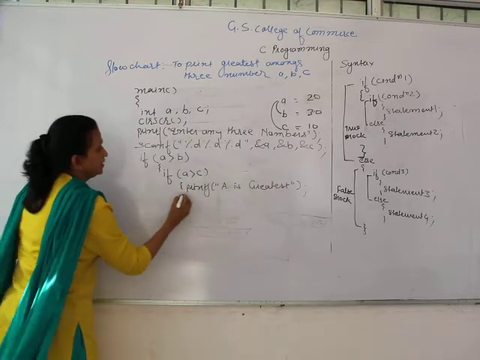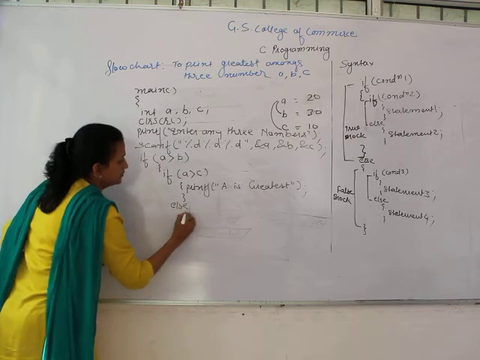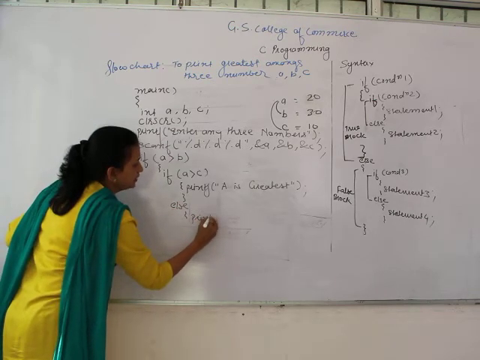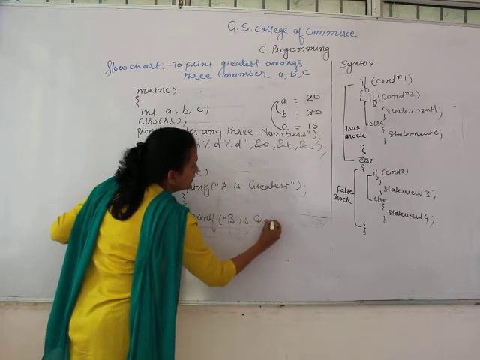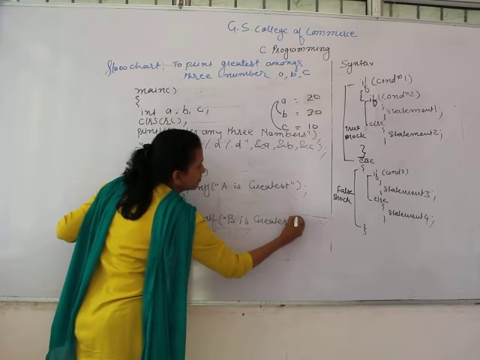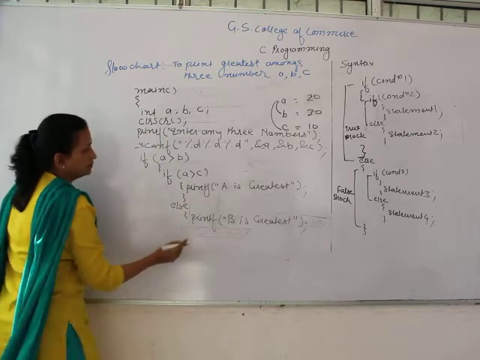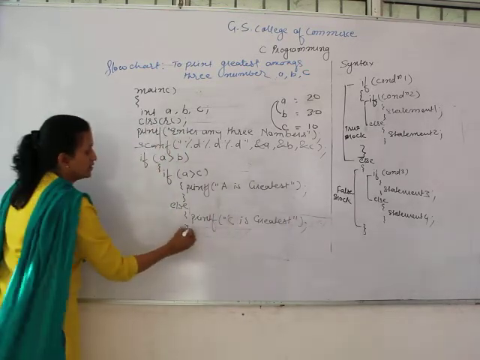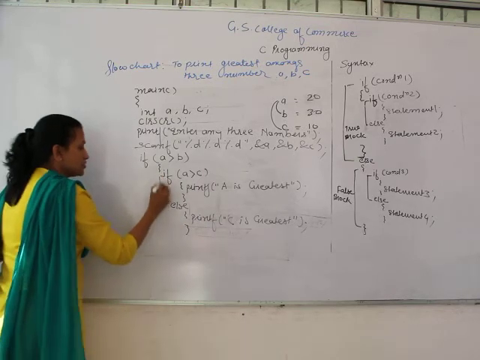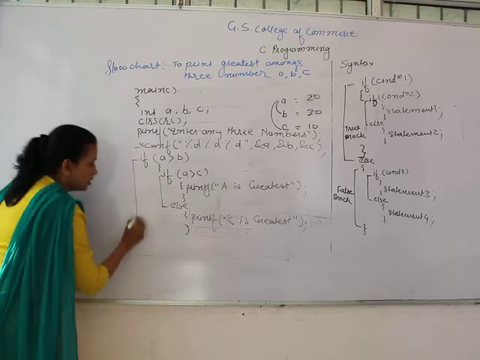Else printf C is greatest. So this is your inner block and this is your outer block.